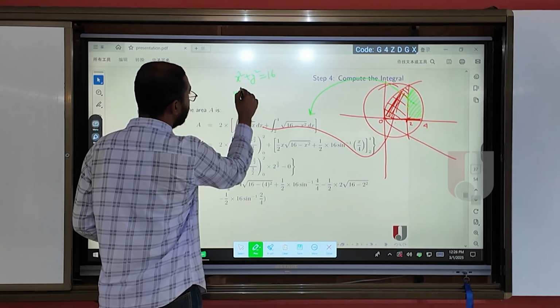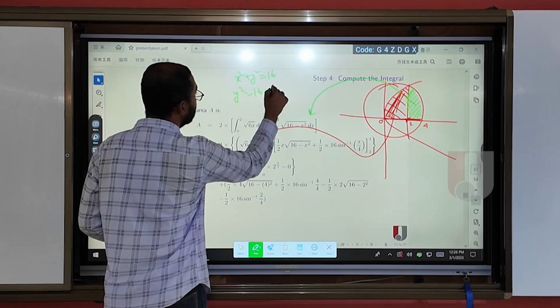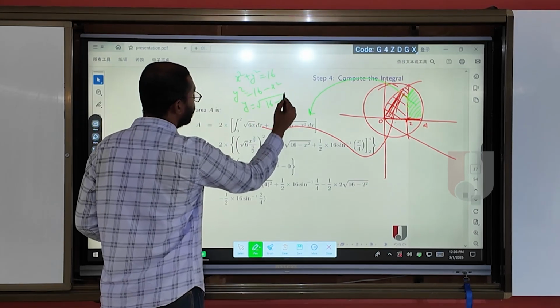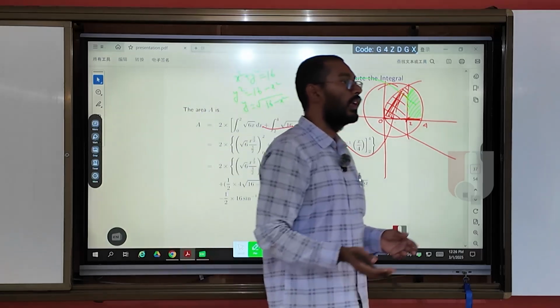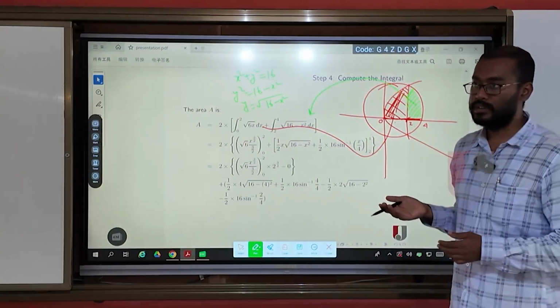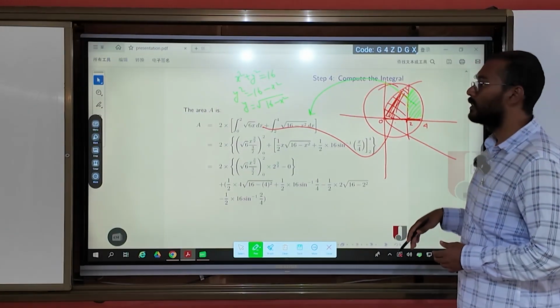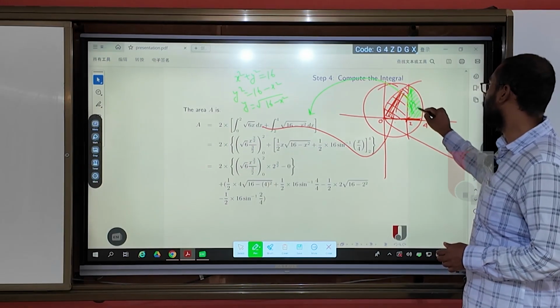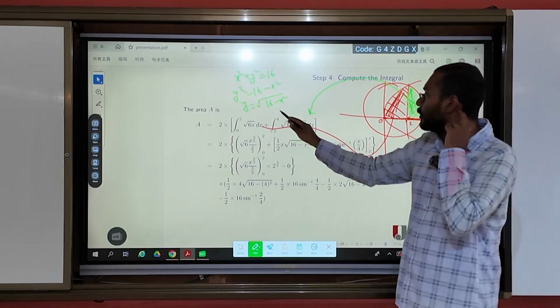So my y square is coming 16 minus x square. So y is root over of 16 minus x square, because we are taking only the above portion, means the first quadrant. We have to consider the curve in the first quadrant. Okay, from 2 to 4 we are considering.